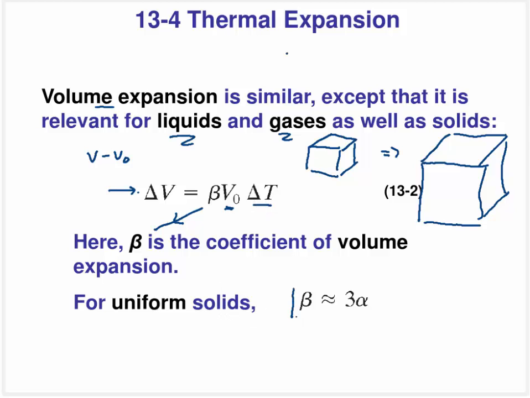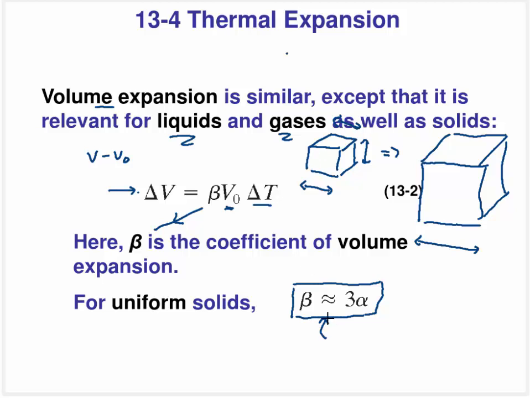And in general, for solids, this coefficient of volume expansion is going to be 3 times the coefficient of linear expansion. You can think about a volume of a solid going from one dimension to another. Essentially, it's going to happen in that dimension, it's going to happen right there, it's going to happen along that dimension as well.